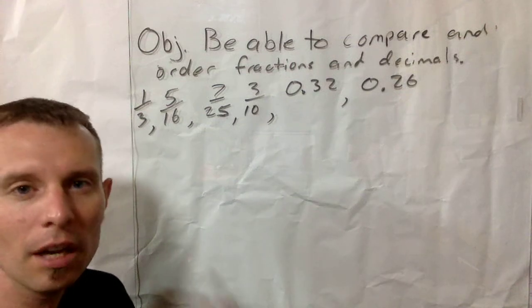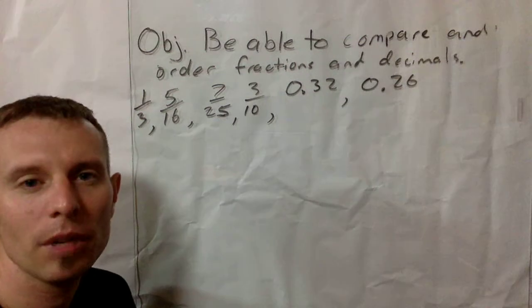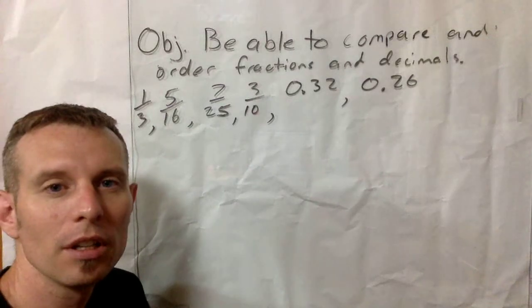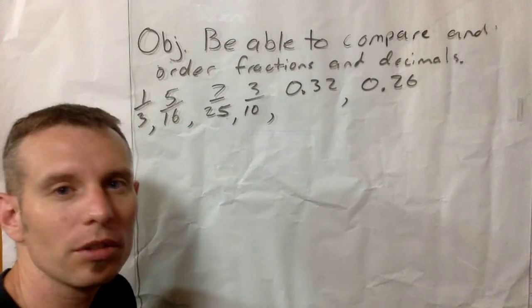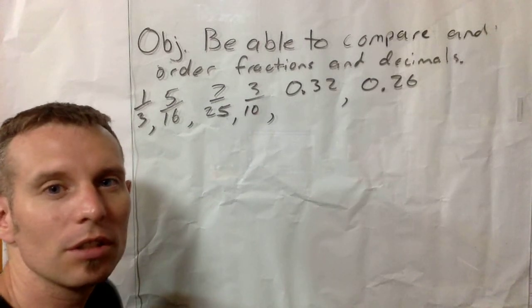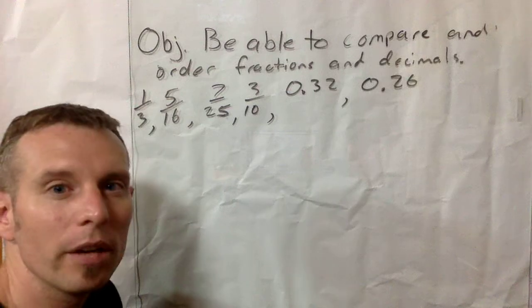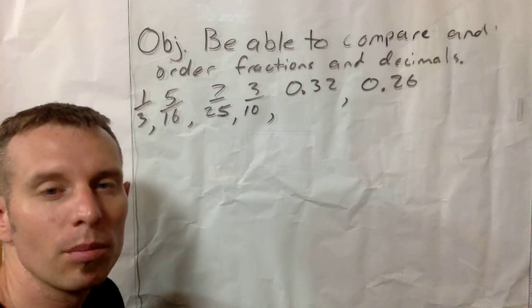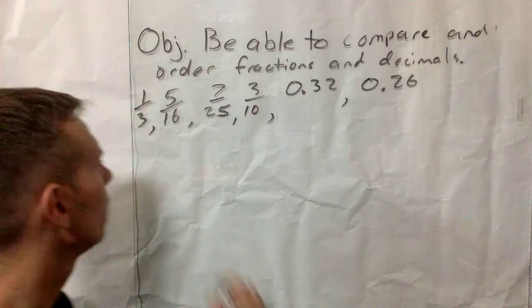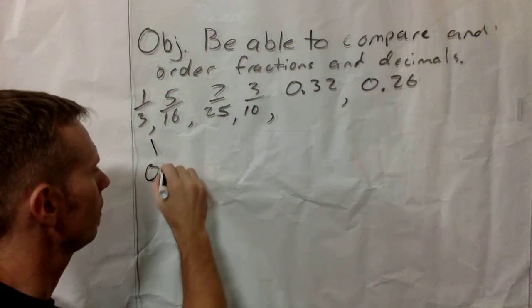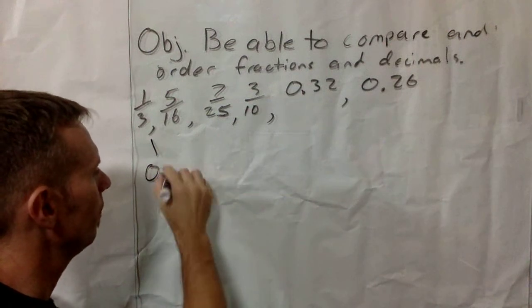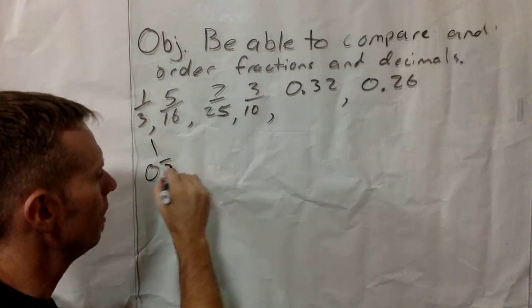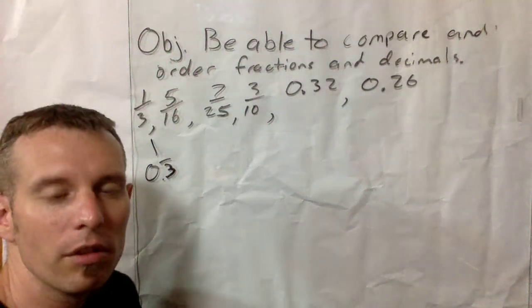So I'm going to just do one example here, but it's the same process if you have other numbers. Let's go through this. We know that 1/3 is 0.3 repeating, just because we have already memorized that. So 0.3 repeating.